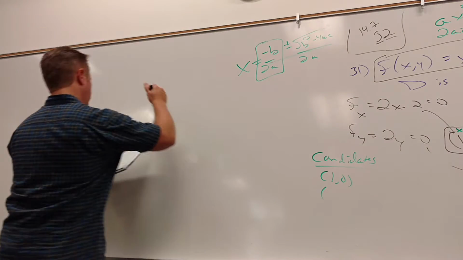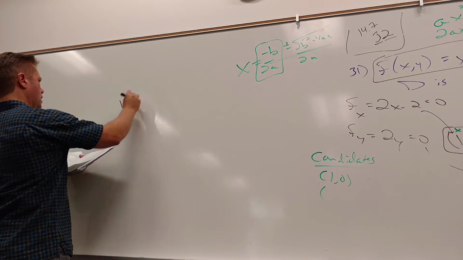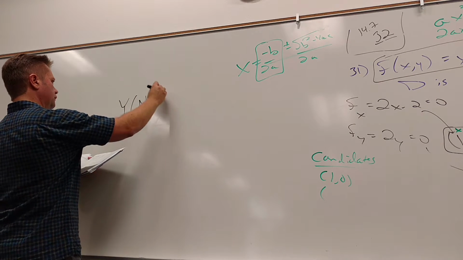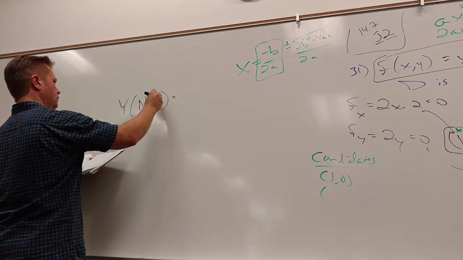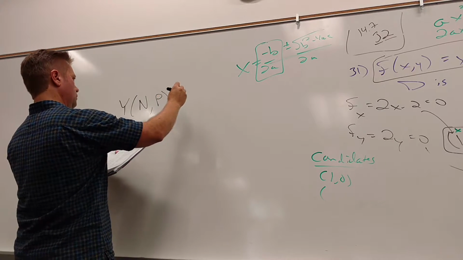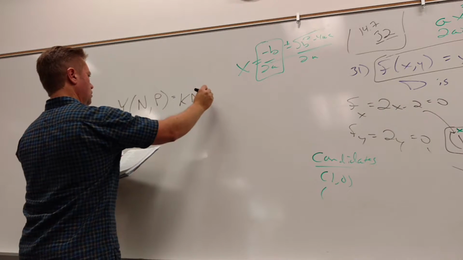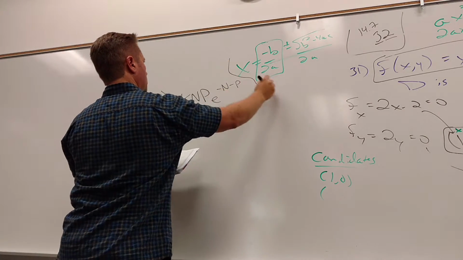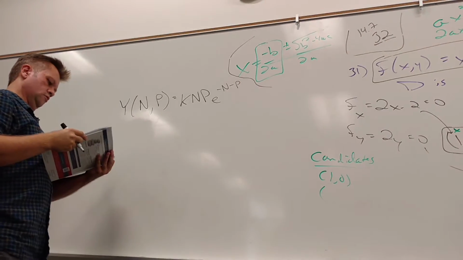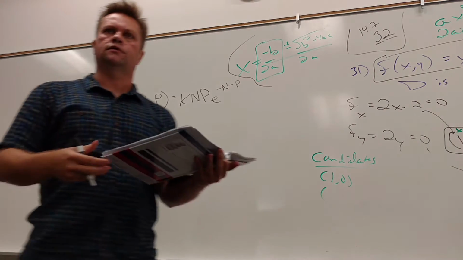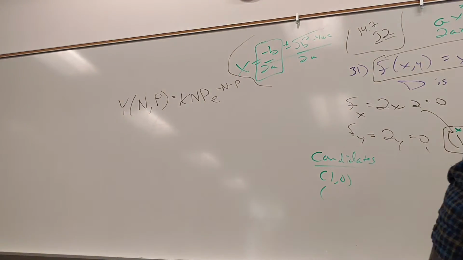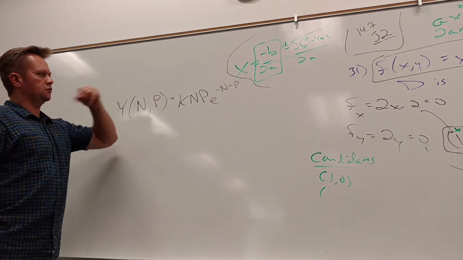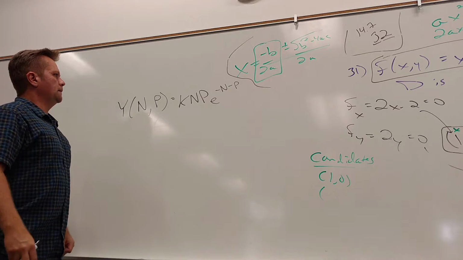So it says the model for the yield, Y, as a function of nitrogen and phosphorus, where K is some positive constant, probably related to other factors in the environment. I'm really curious if that's an actual equation, but oh well.